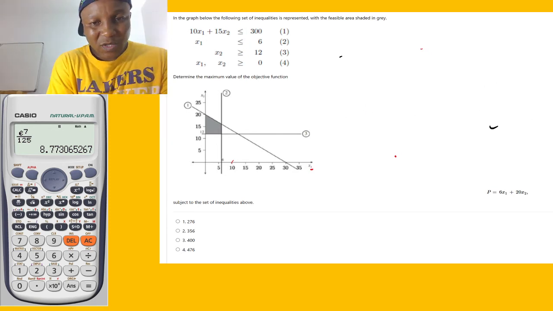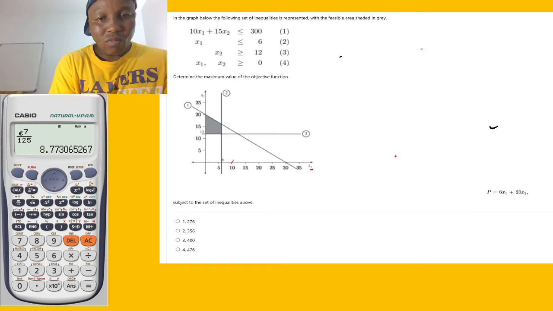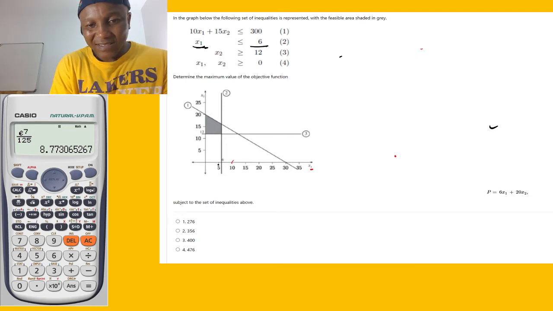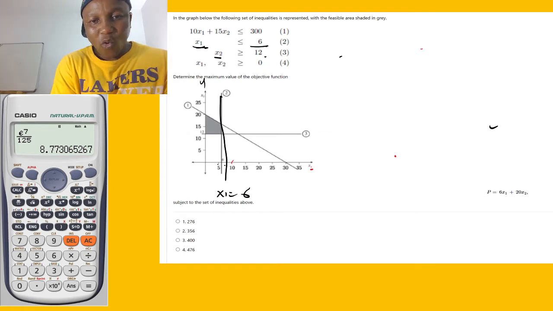So we say x1 is 6. Where is x1? x1 means the x-axis is cut at 6. So this is 5, 6, and this is x1. Okay, x2 we say equals y. y equals 12. Look, it cuts at 12. That's all.